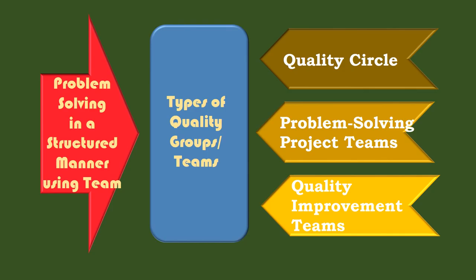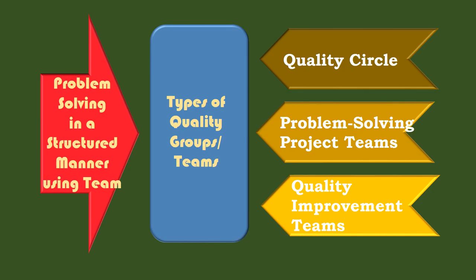Quality groups or teams usually occur in three forms, one of which is called a quality circle. A quality circle is a group of employees doing similar work led by one supervisor.